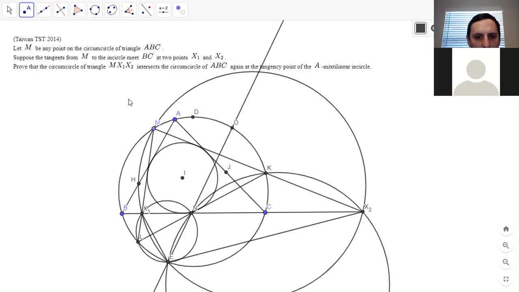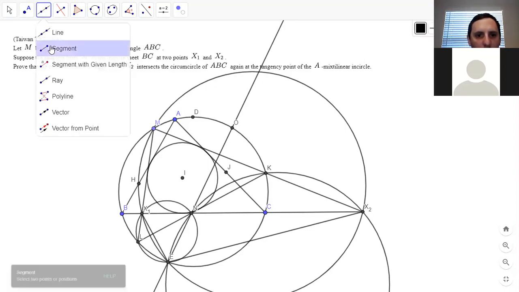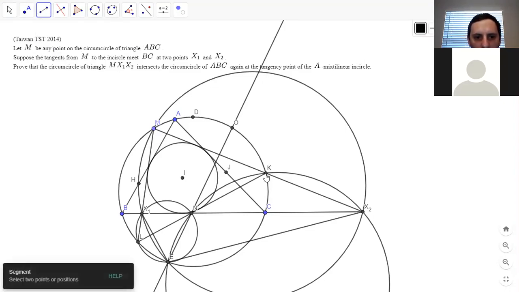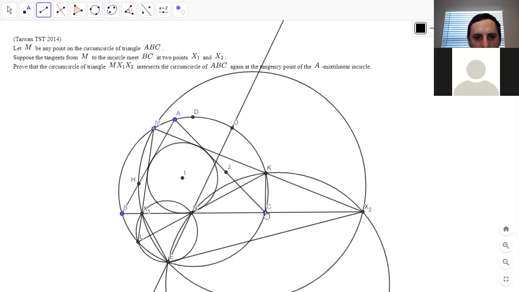KC is parallel to MX1. Ah, interesting. So KC is parallel to MX1 and LE is parallel to MK. I'm sorry, LB. Is that true? Actually, I'm not so sure about that.